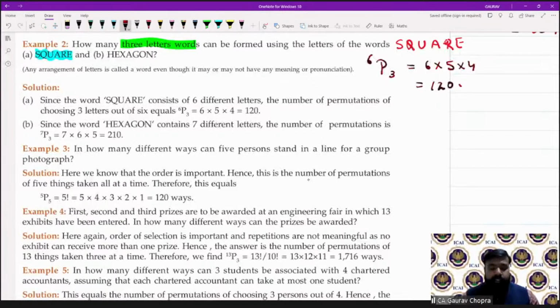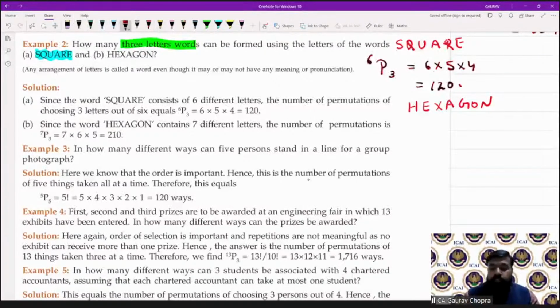Okay. Now the second part says HEXAGON. In HEXAGON, how many alphabets are there? There are 7 alphabets and there is no repetition. H is coming once, E, X, A, everyone is coming only one time. So 7 options are available, and out of these 7, we have to use only 3 at a time.